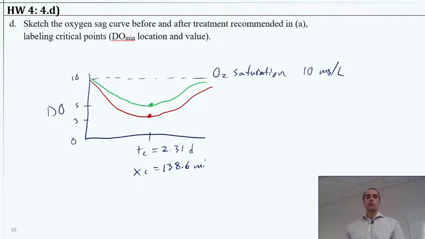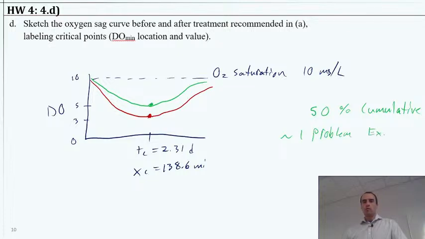Yes. So in total, the exam is cumulative, but partly. It'll be 50% cumulative in the sense that you can expect about 1 problem from exam 1 material, about 1 problem from exam 2, and about 2 from everything after that.